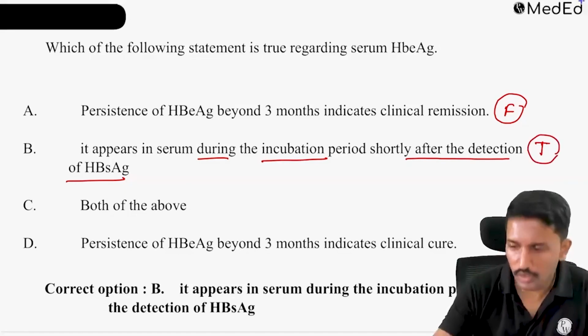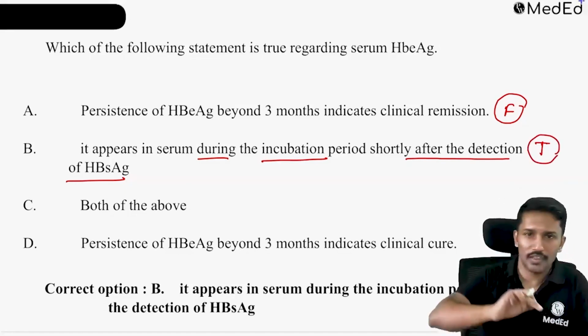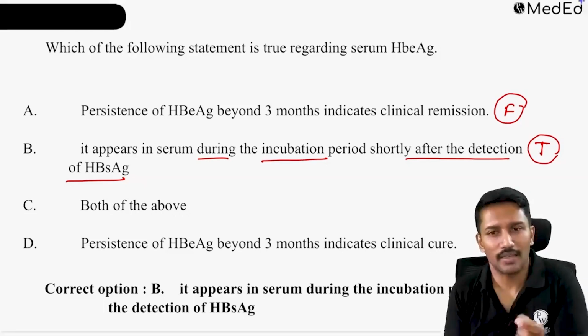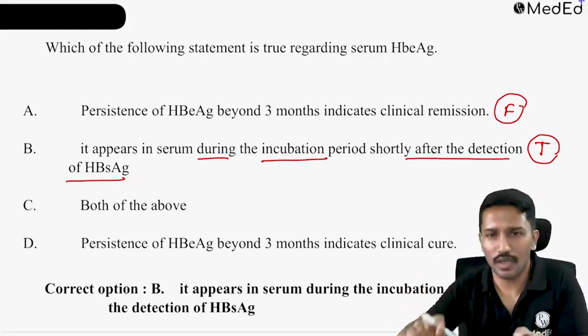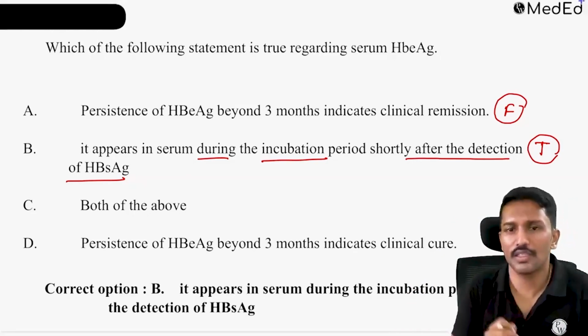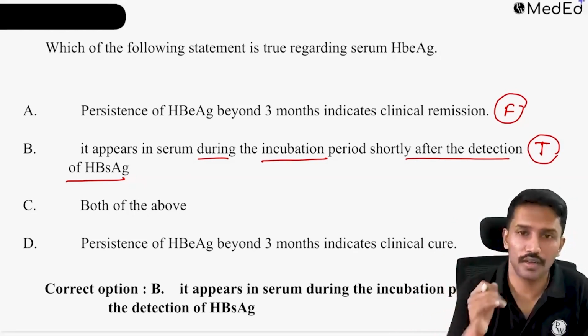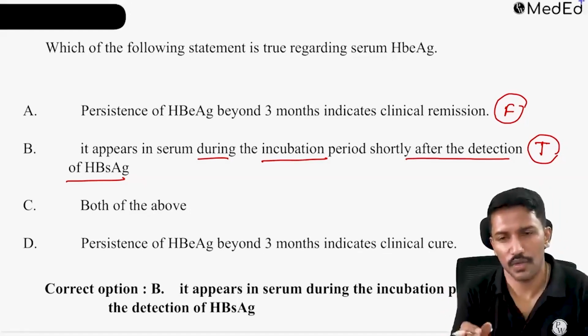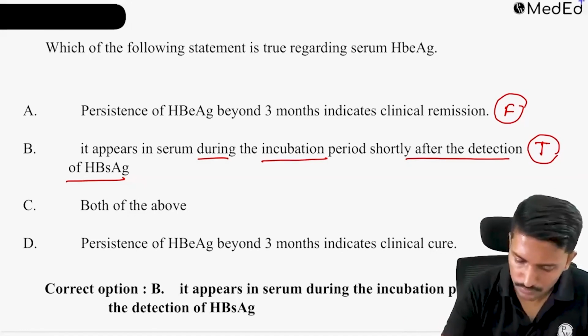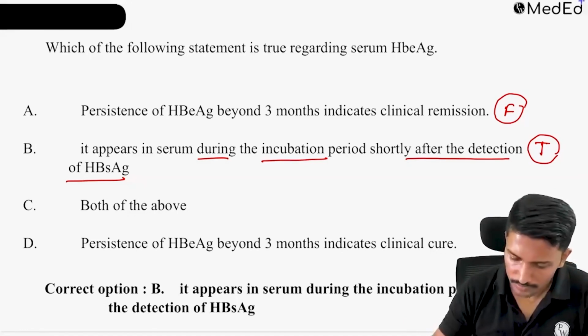If you open up your microbiology textbook, the first antigen that is rising is obviously going to be HBsAg. Soon after that, there will be a next small peak in the graph representing HBeAg, right? The only antigen that doesn't come into circulation and that we don't detect is the core antigen, HBcAg. We can only detect the antibodies against it. So this is also a true statement.